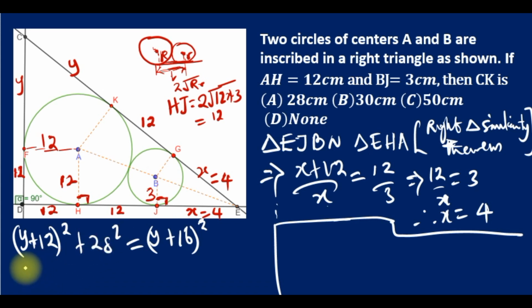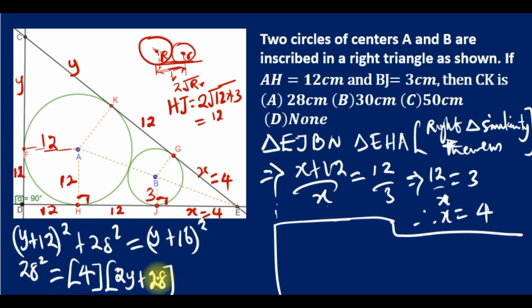So 28 squared equals this squared minus this squared, which is a difference of two squares. This minus this is 4, times this plus this, which is 2y plus 12 plus 16, that is 2y plus 28.